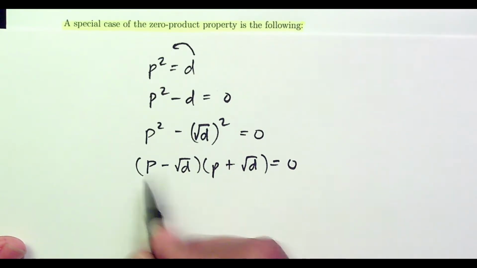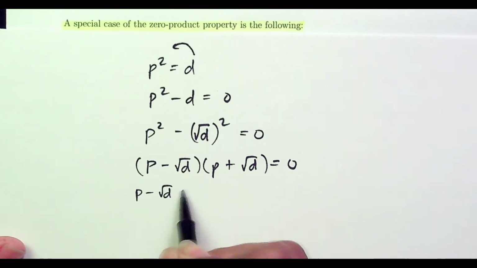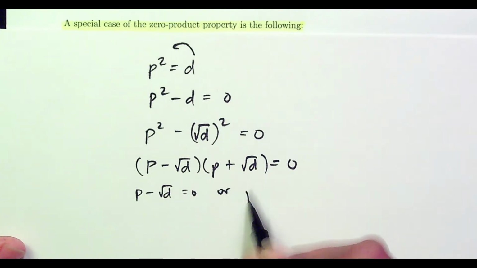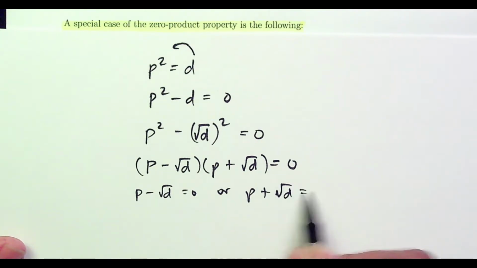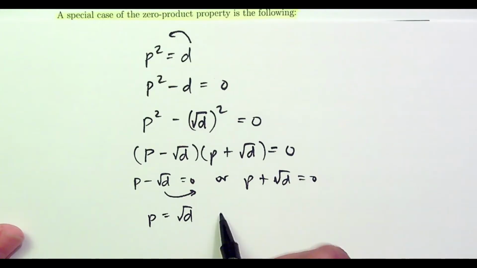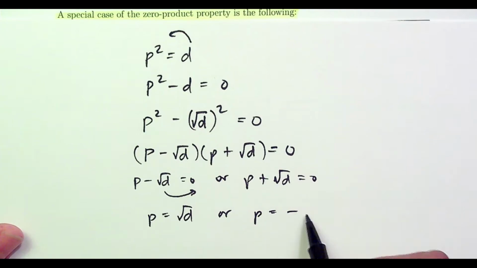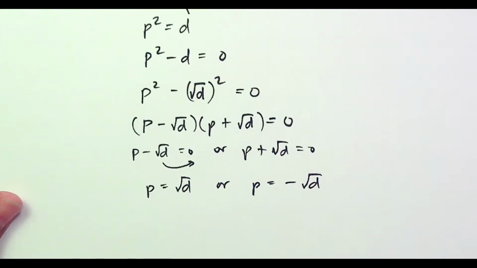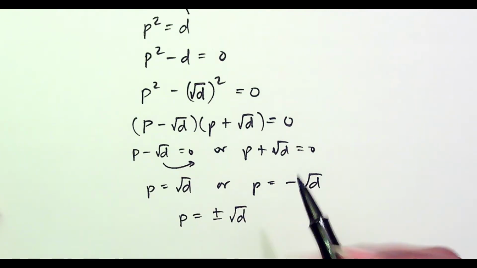That means that either the first one is 0 or the second one equals 0. When you solve this, you move the square root to the other side, and you get that p equals the square root of d, or p equals minus the square root of d. So p could be the square root of d, or p could be negative the square root of d. We usually summarize that by writing p equals plus or minus the square root of d.